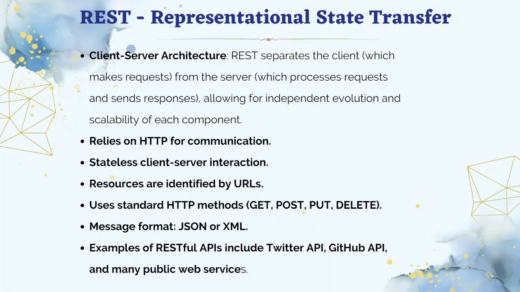The message format or output format of a REST service is JSON, or it can be XML, which makes it human readable and easy to understand. Some examples of RESTful APIs include the Twitter API, GitHub API, and many public web services created using REST.